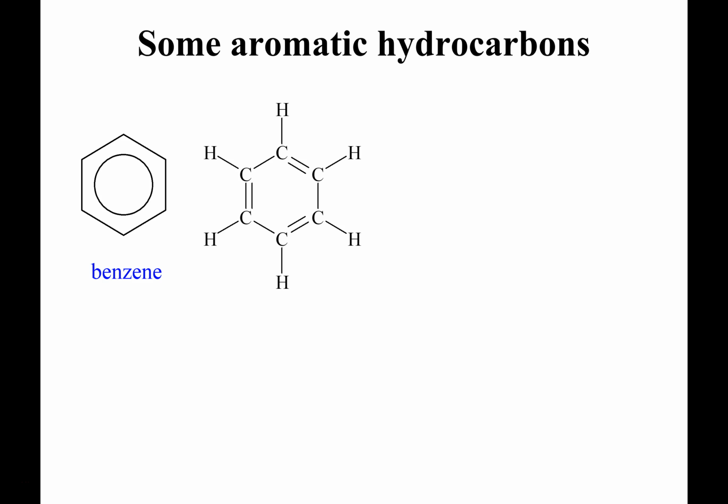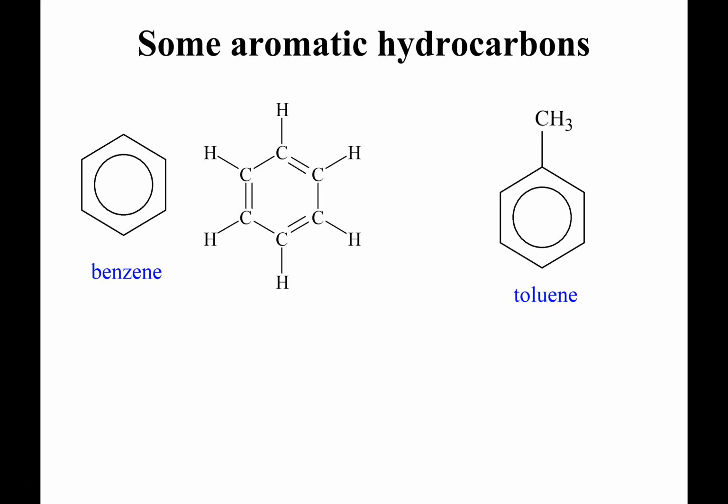Oftentimes benzene is drawn like this, where the circle in there shows the pi electrons that are what we call delocalized, kind of running around. Benzene is very reactive, and oftentimes you can kick off a hydrogen and stick something else there.